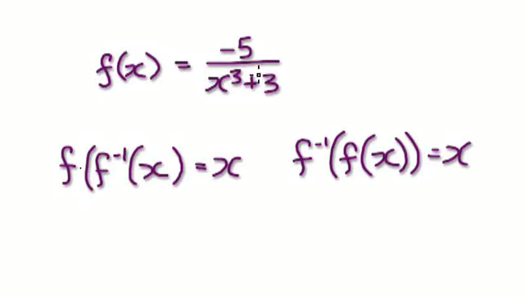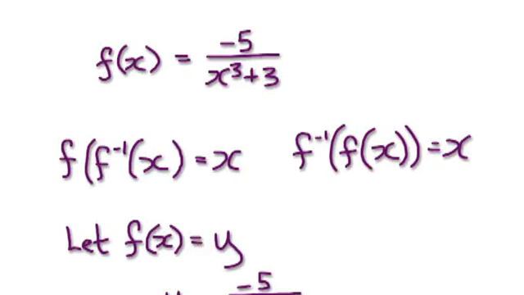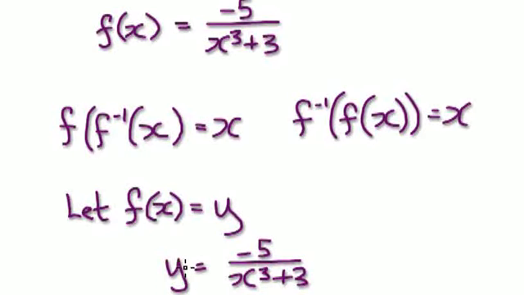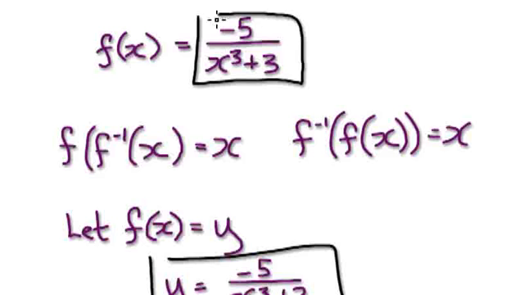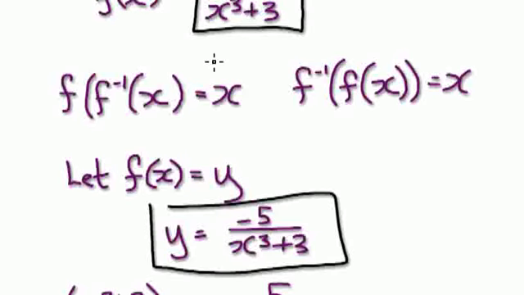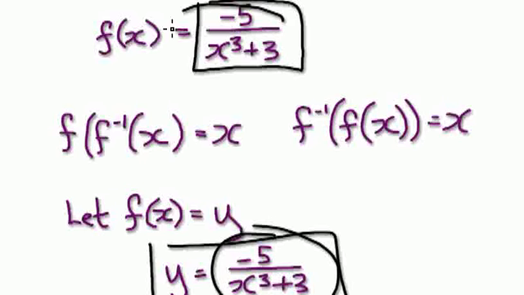Okay, so to do this, start out by saying f of x equals y. So in effect we will have y equals this, which was our original function. These two are the same.